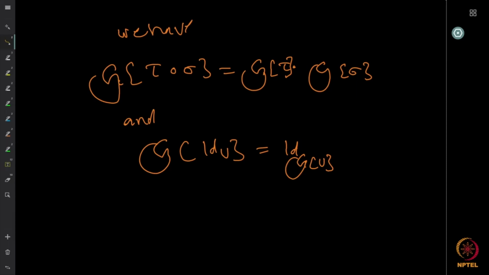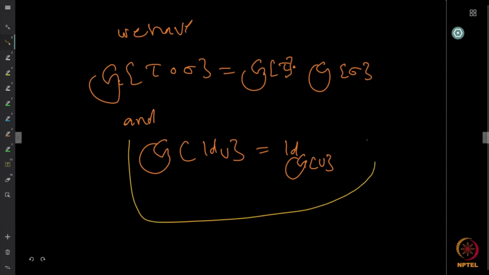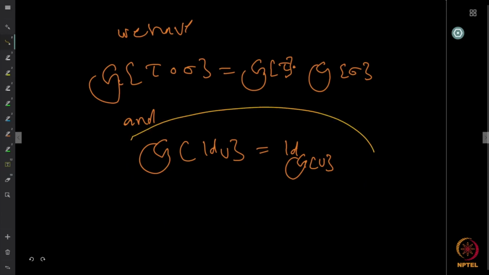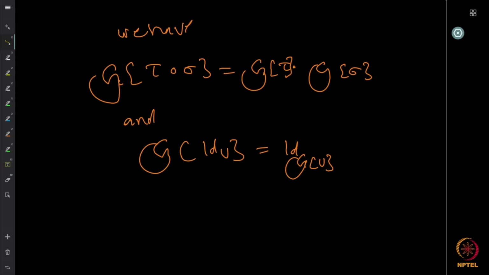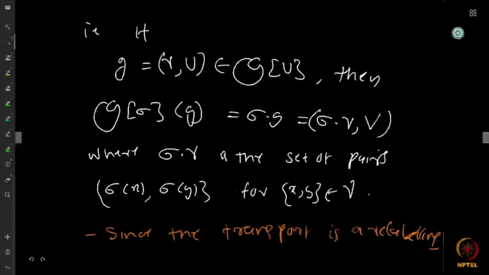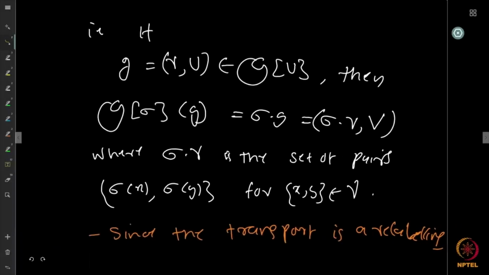And if you look at the identity map on U, the transport G of identity of U must be the identity on G of U, the set of all G structures on U. Since the bijection sigma is just the identity, the transport also must be the identity on the corresponding set. If this is not true, then something will go wrong in our relabeling.